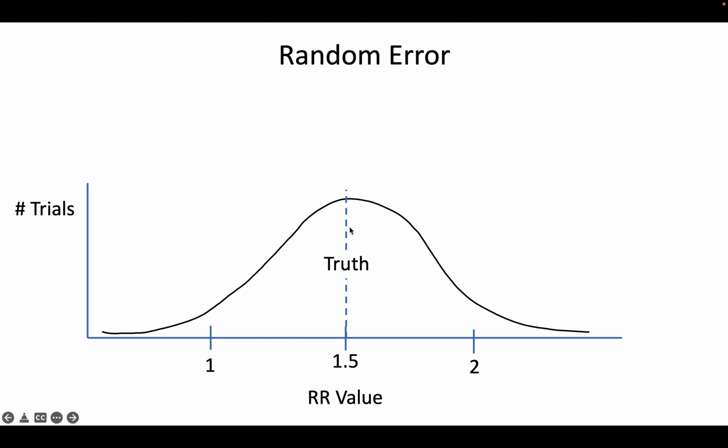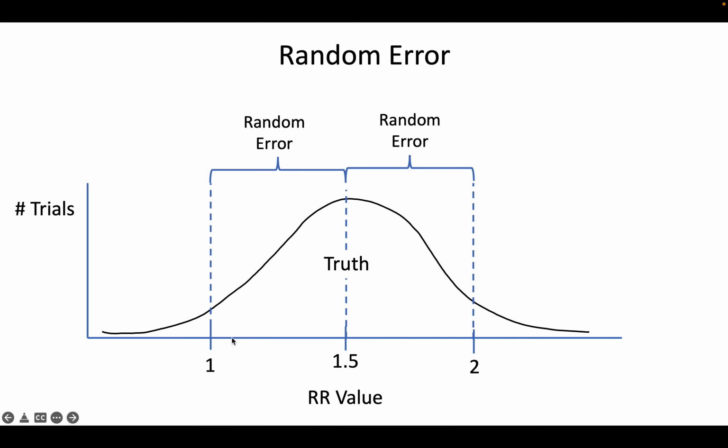But due to random error, there's times when we get a relative risk a little higher, a little lower. That could be due to inaccuracies in the measurement, or just chance. So basically any values you're getting that deviate from the truth we can say are due to random error.